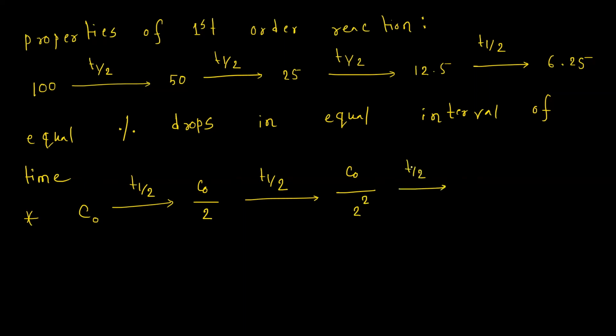After next T half, concentration will be C naught upon 8. So we can write C naught upon 2 cube. After next T half, the concentration will be C naught upon 16. So that means C naught upon 2 to the power 4. So here is 1, 2, 3, 4. After 4 half-lives, the concentration is C naught upon 2 to the power 4.